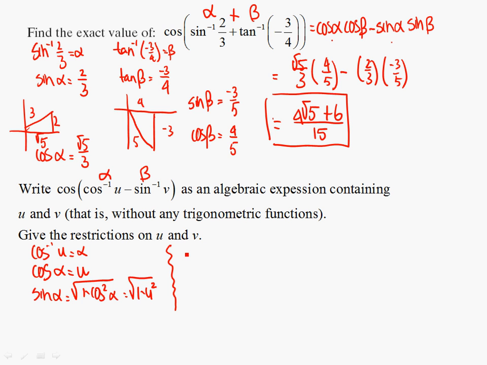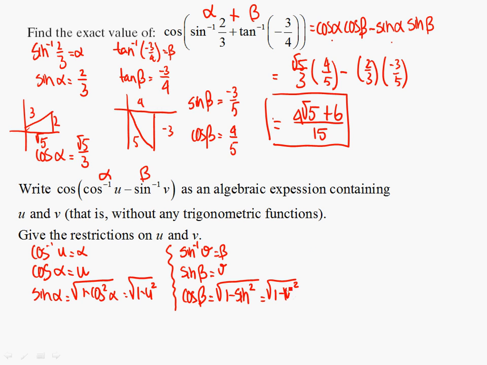Need to do the same thing for the sine. So if the inverse sine of something is beta, then the sine of beta is v, and this one ends up with finding the cosine of beta. Then that would be the square root of 1 minus sine squared, so that would be the square root of 1 minus v squared.